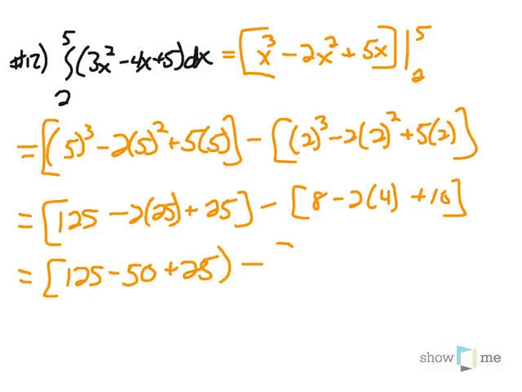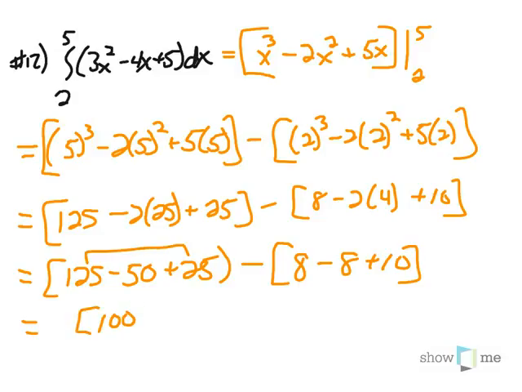Plus 25 minus 8 minus 8 plus 10. 25 plus 25 is 150, minus 50 is 100. 8 minus 8 is 0, 0 plus 10 is 10. 100 minus 10 is 90.